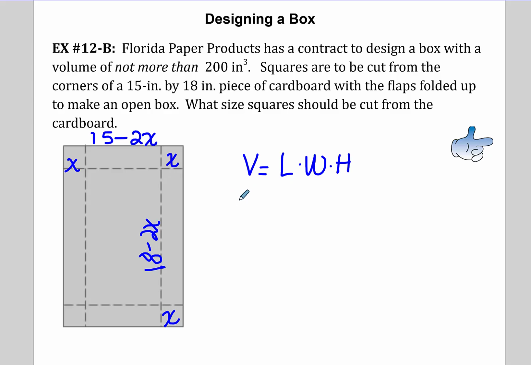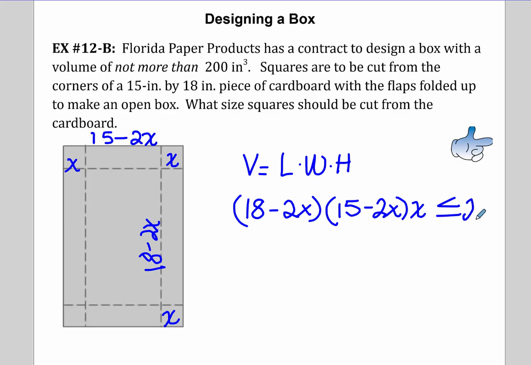So what do we know? The volume is going to be 18 minus 2x times 15 minus 2x times the height is x, because when you fold these up, that's going to make the box. And that has to be no more than, so it can be exactly, but it can't be any more than 200 cubic inches.